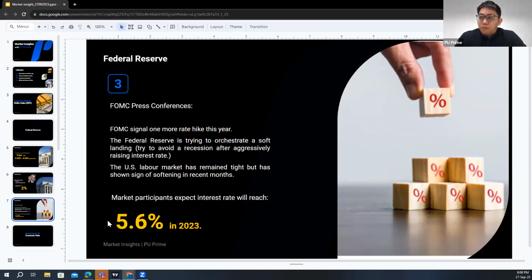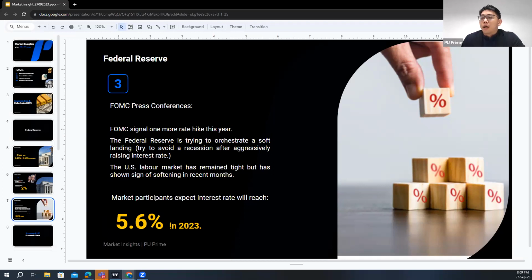And yes, remember just now we said that the current interest rate in the US is 5.25 to 5.5. So the market participants are expecting the interest rate will go to at least 5.6% this year or higher.